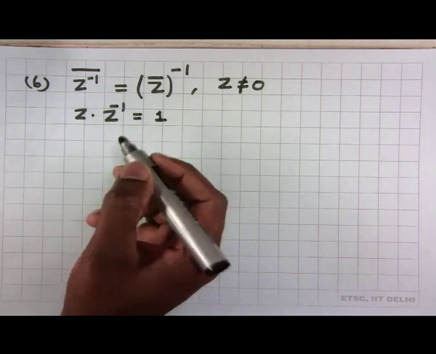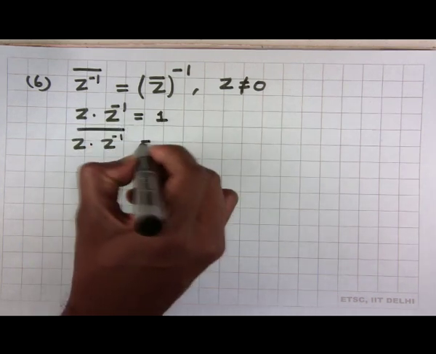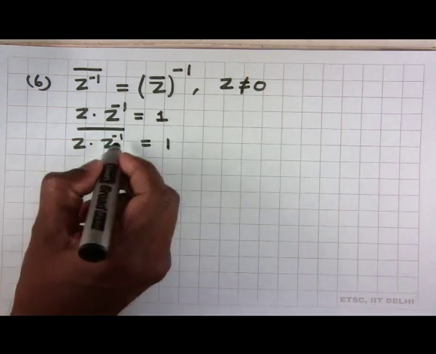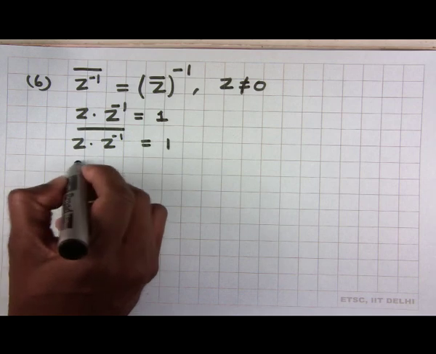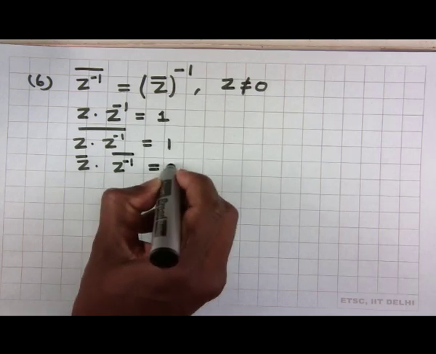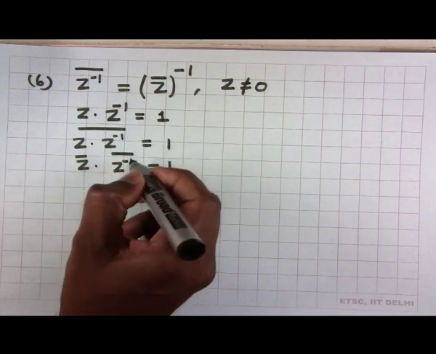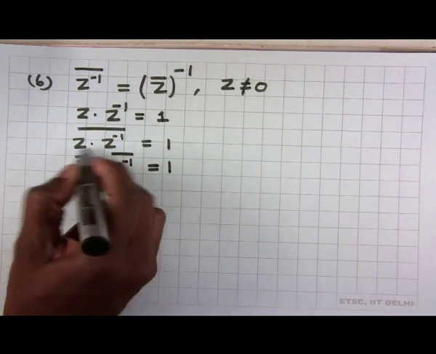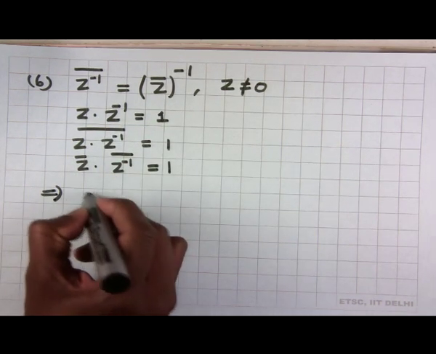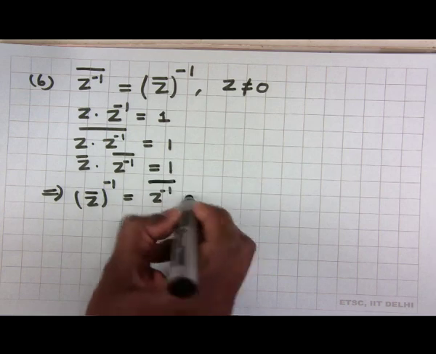By the above property, we apply conjugation to this product; the right hand side is a real number, so it gives the same element, and the conjugation of the product is the same as taking the conjugation first and then the product, which again gives 1. It means that the conjugate of z inverse is the inverse of z bar. That is exactly what we wanted to prove. This concludes that the inverse of z bar is the same as the conjugate of z inverse.